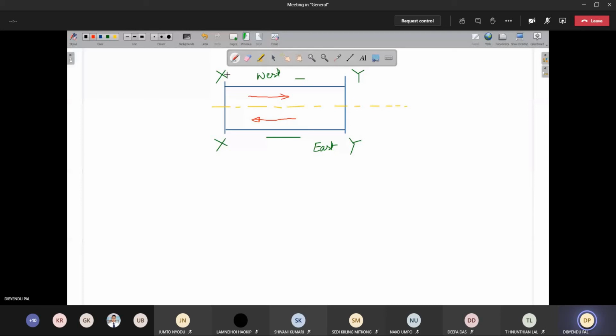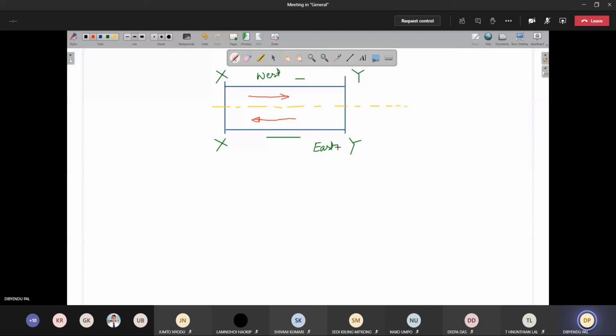So this is the section we have drawn. Now let us see how the vehicles are moving. The observer starts collecting the relevant data at section XX. Drive the car eastward to section YY.